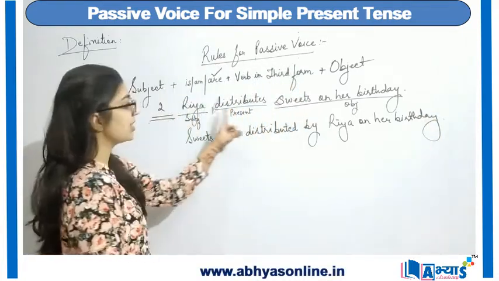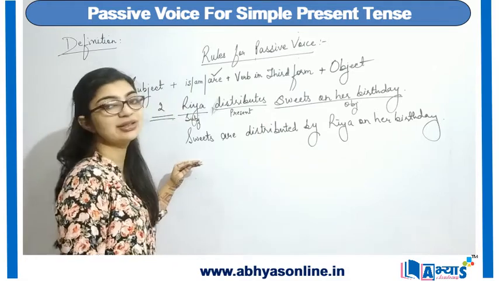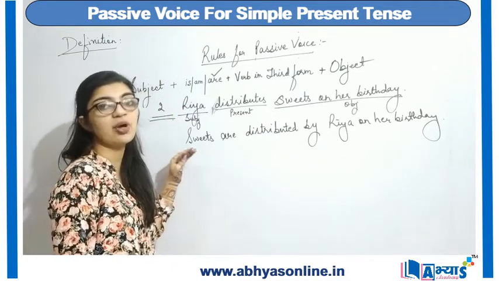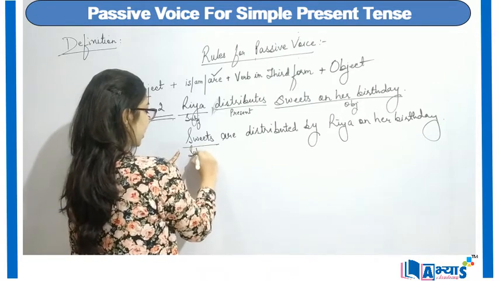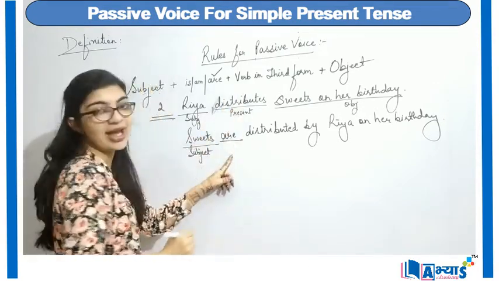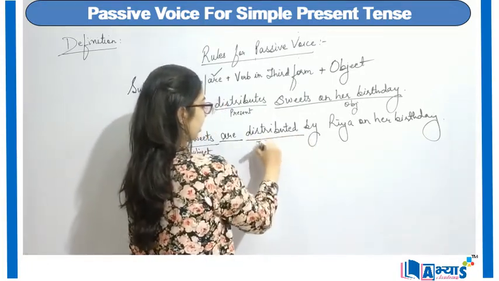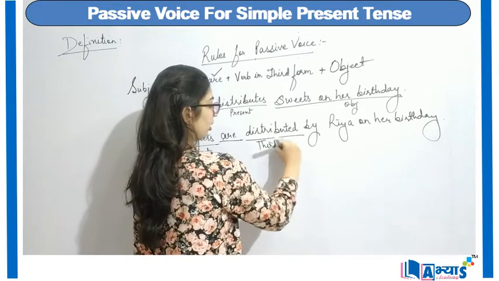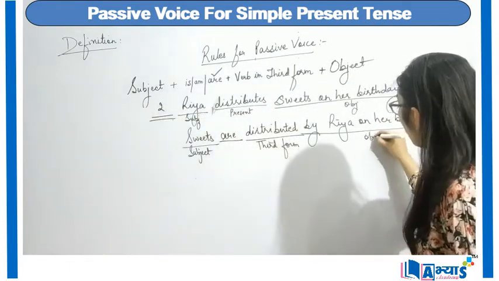So this is my sentence in active form. Now I have converted the same sentence into passive form, where sweets becomes my subject. Are is again my helping verb. Distributed is my third form of verb, and the remaining is my object.